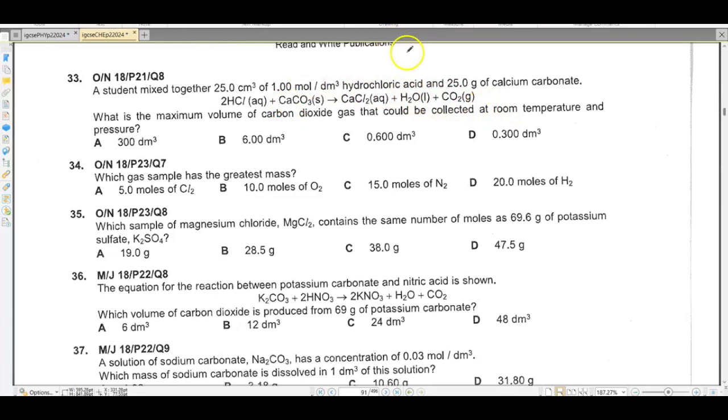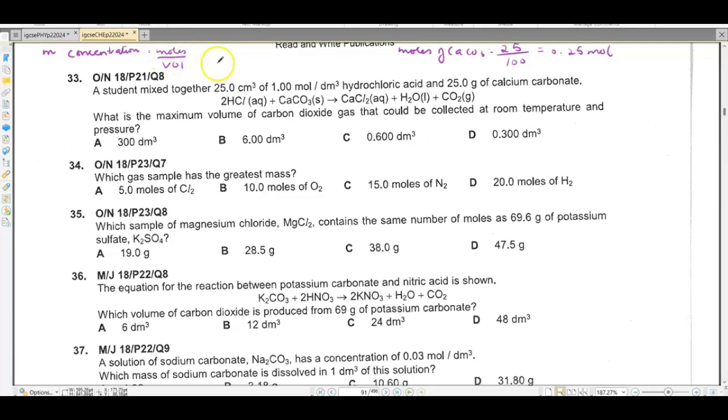So first things first, we need to find the moles of CaCO3. How are we going to do that? We have 25 grams of CaCO3 and we have to divide it by our Mr. So this is going to give us 0.25. Okay. Then we can find the moles of HCl by using the formula concentration is equal to moles by volume.